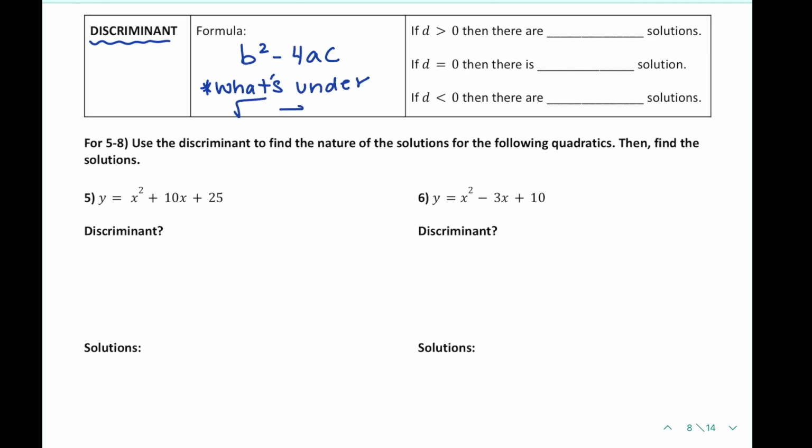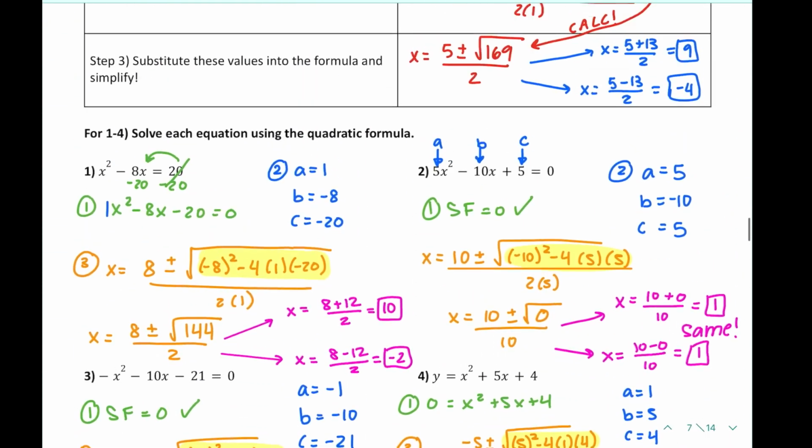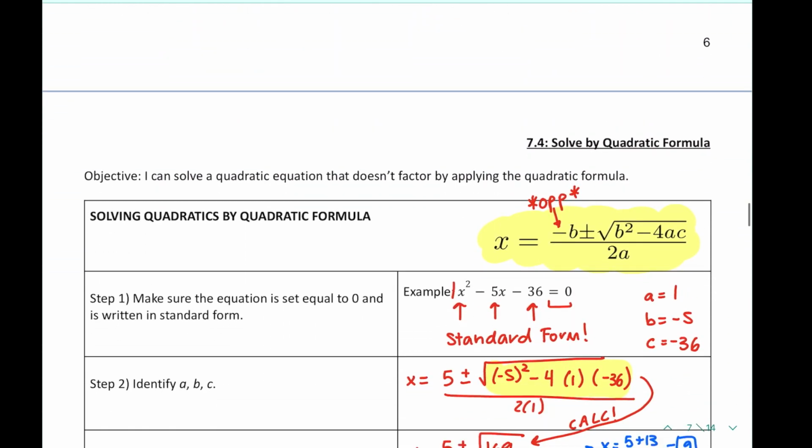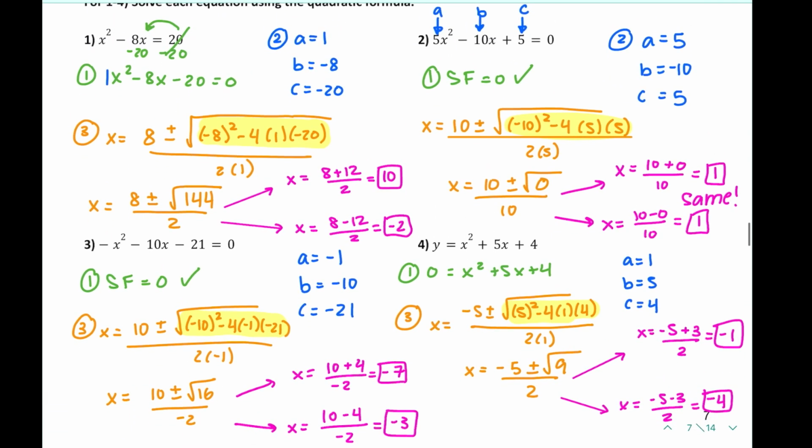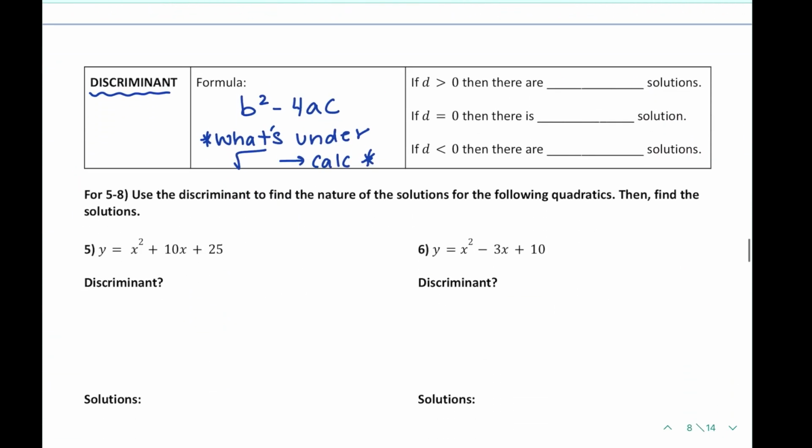I had you put just the stuff under the radical, not the radical itself, into the calculator, and figure out what that number is. That is called the discriminant. So the part under the radical is b squared minus 4ac. The values we talked about on these examples, 144 and 16 and 0 and 9, are the discriminants of those examples. Now we're going to talk about the discriminant in general.